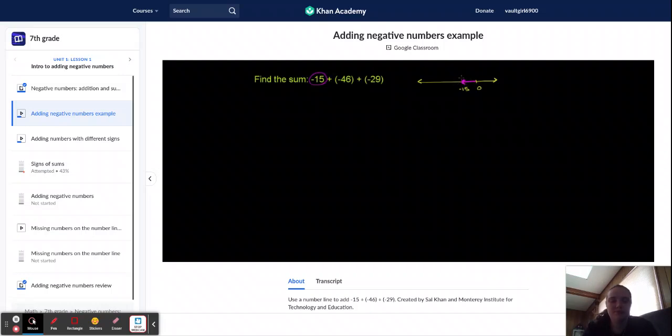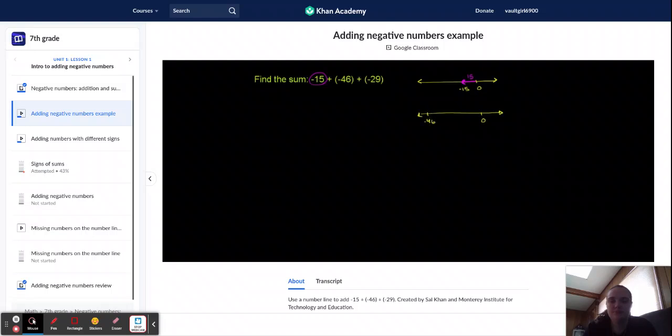It's the distance from 0. So the length here is 15, and the negative says that we are pointing to the left. So the absolute value is 15. That's the length of that arrow. Let's do the same thing for negative 46. So once again, let me draw my number line. Let me draw a number line. Put 0 is going to be right over there, and negative 46 is going to be someplace over here, negative 46.